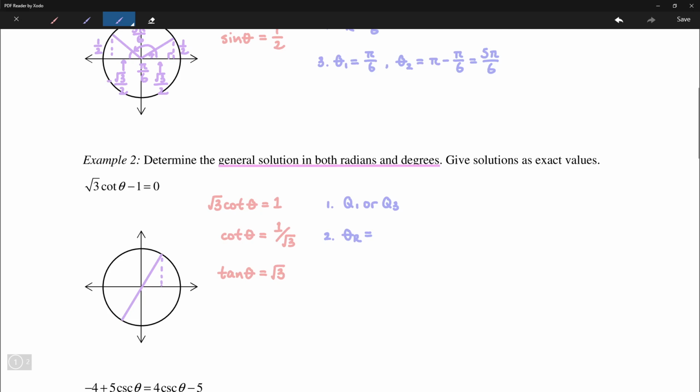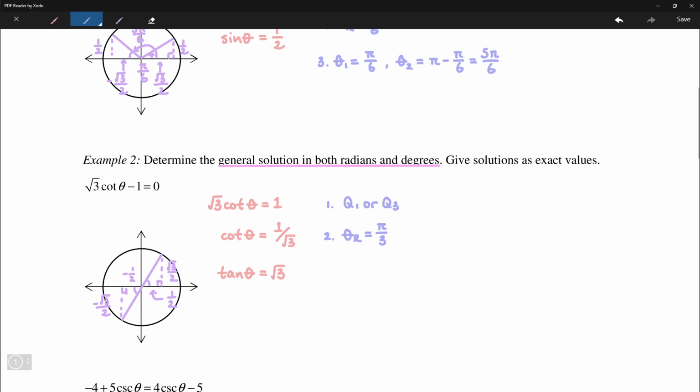We have y is equal to root 3 over 2, and x is equal to 1/2 if it's in quadrant number 1, and in quadrant number 3 we will have negative 1/2 for the x value and negative root 3 over 2 for the y value. So the quotient will still be positive. So the reference angle here, if we use the special triangle, would just be pi over 3, or 60 degrees if, once again, we're working in degrees.